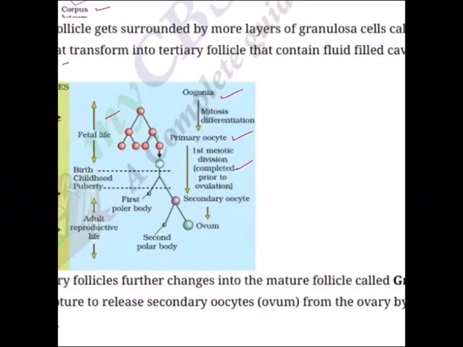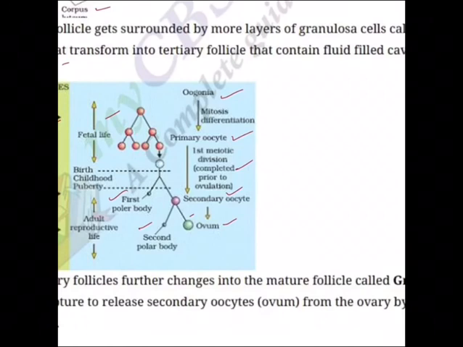And two cells will be formed, a first polar body and a secondary oocyte, and this will have 23 chromosomes, and the secondary oocyte will undergo meiosis 2, and out of that a second polar body and ovum. So the first polar body and second polar body will degenerate and become food for the functional ovum. So the functional ovum will have 50% of the chromosomes, that is 23. That's why meiosis is always called reduction division.